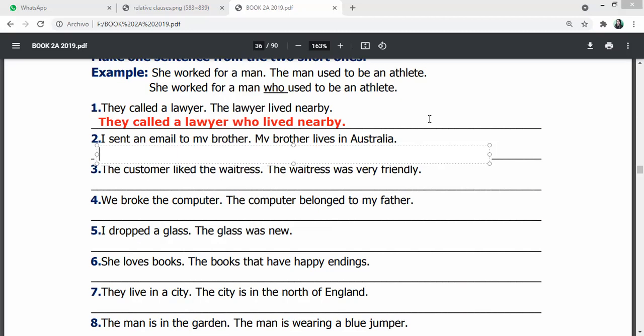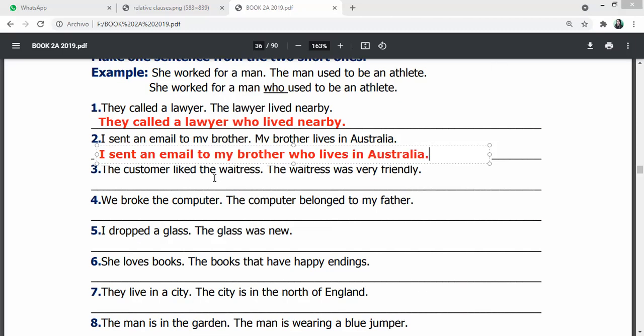No, it's easy. I sent an email to my brother who lives in Australia. Very good. In Australia. Okay. Easy.